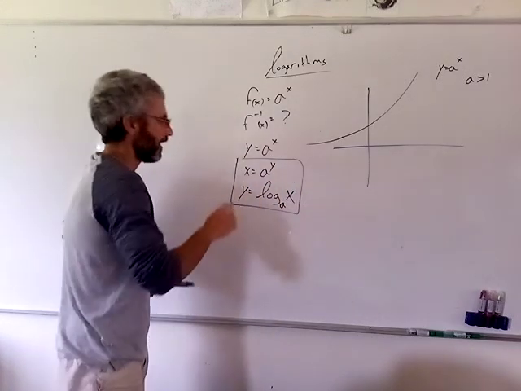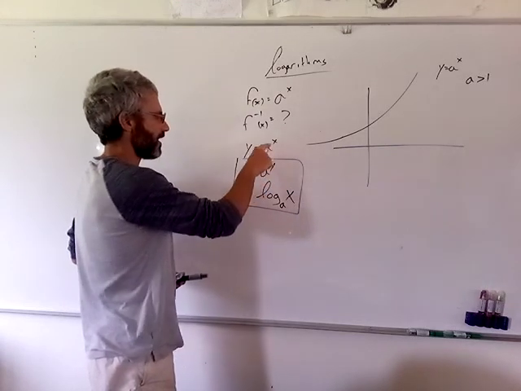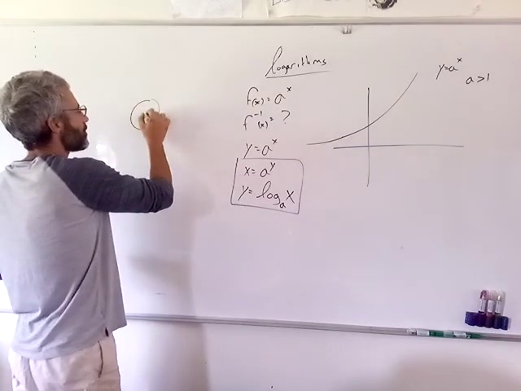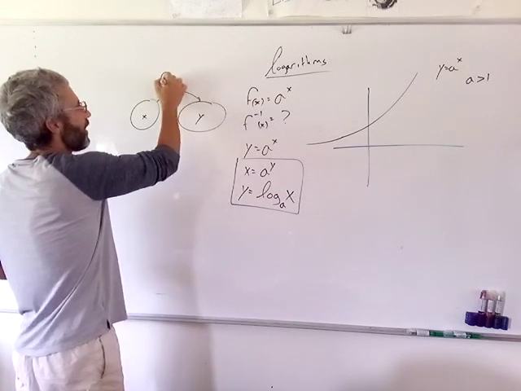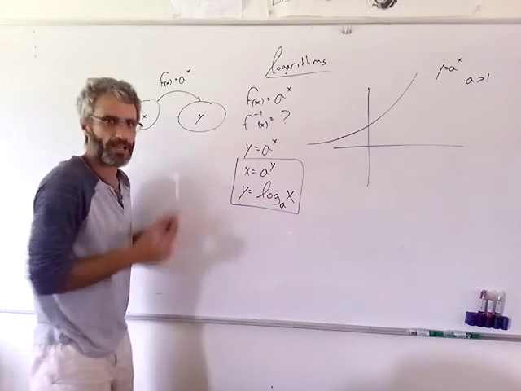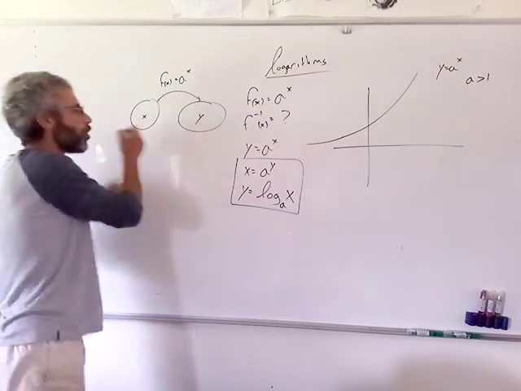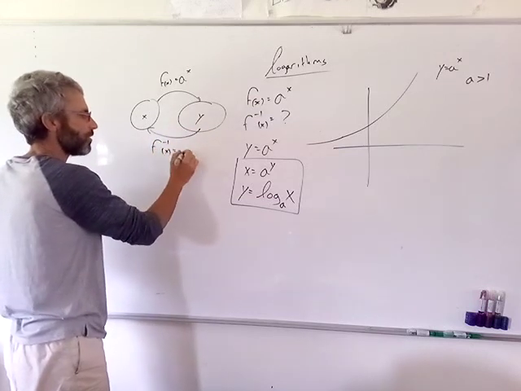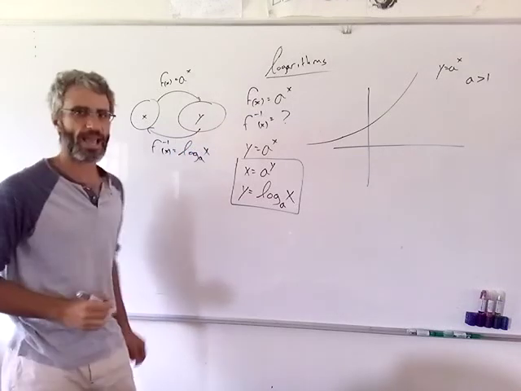If I go, let's draw it here, from a bunch of x's to a bunch of y's through f of x equals a to the power x, the exponent function, then if I want to go back to my original x, I need to use an inverse function, which is log of x base a.